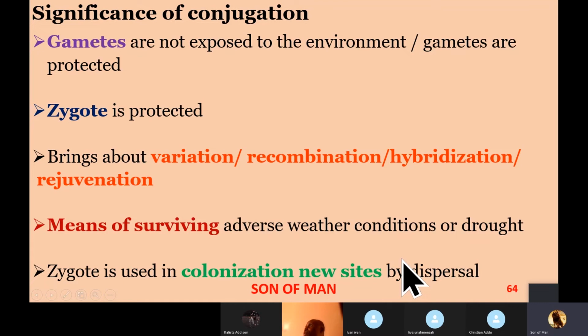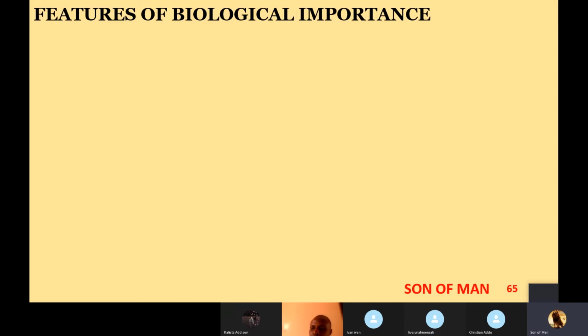So if we have the zygospore at point A and it was blown away to point B, presumably, let's say 700 meters away, and originally we had a water body 700 meters away with no Spirogyra, now we're going to get Spirogyra colonizing a new site or locale. And that is another significance since it can now exist in different environments. So that is the significance of conjugation.